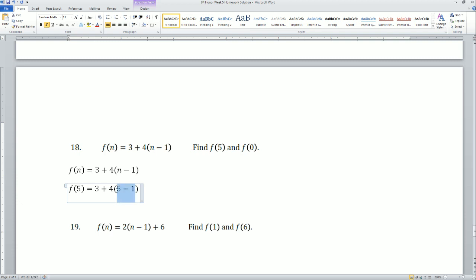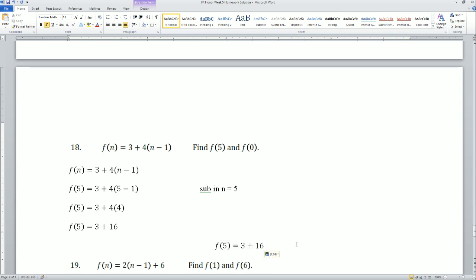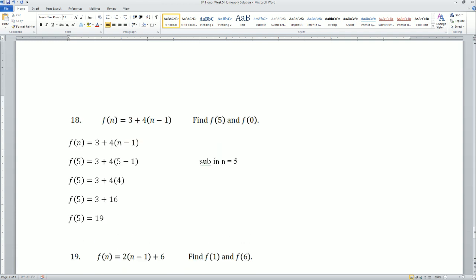I can just show all the steps for you here. So here I sub in n is equal to 5. Then here I simplify, so this becomes 4. 4 times 4 is equal to 16. 16 plus 3 is 19. There you go. Function of 5 is equal to 19.